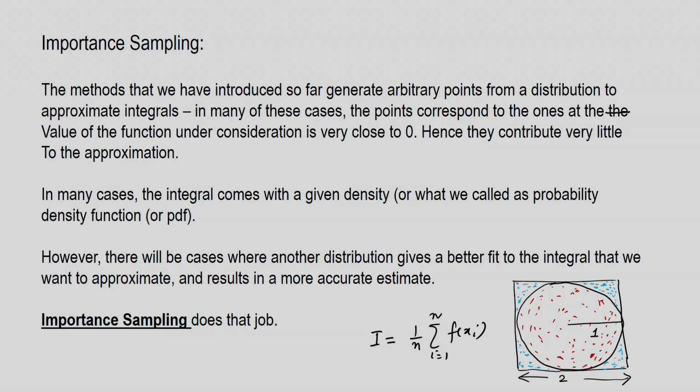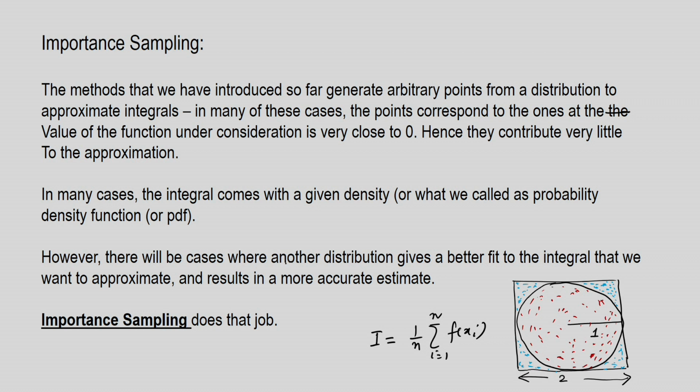In many cases the integral comes with a given density, which we call the probability density function or the PDF. However, there will be cases where another distribution, which you have to choose carefully, gives a better fit to the integral, meaning a more accurate estimate of the integral.